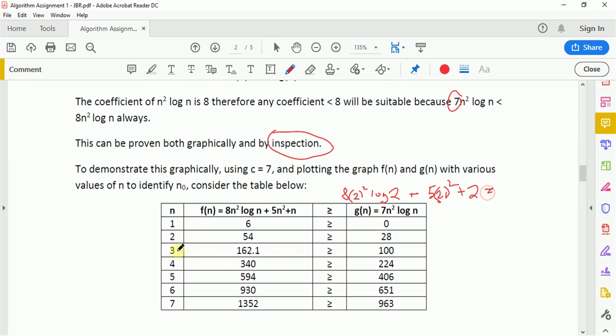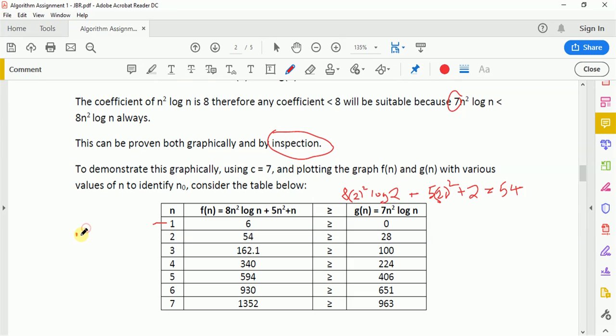Okay, that's when n is 2. You should get 54, which is greater than or equal to 28. So right from n equals 1, it's holding. Right from n equals 1, f of n is greater than or equal to g of n. Okay, that means 1 can be our n0.